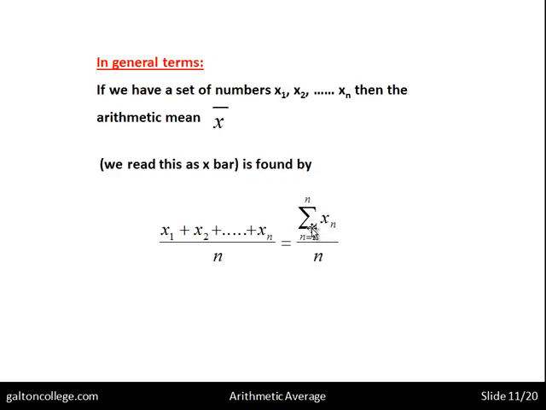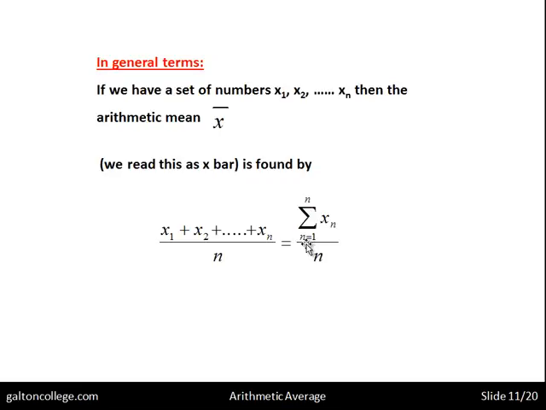Now here, this symbol means sigma. It's the Greek letter for S, S for sum. We're going to add up all the numbers. And what numbers are we going to add up? Well, we're going to add up the number which starts at 1, so it's telling us n equals 1. That's where we're starting.